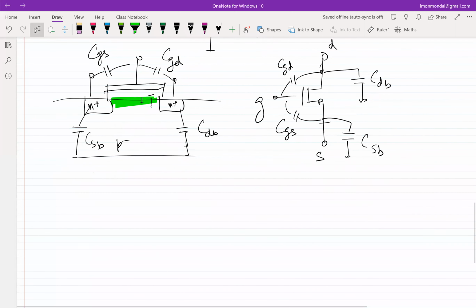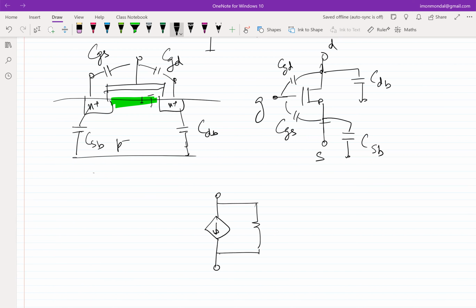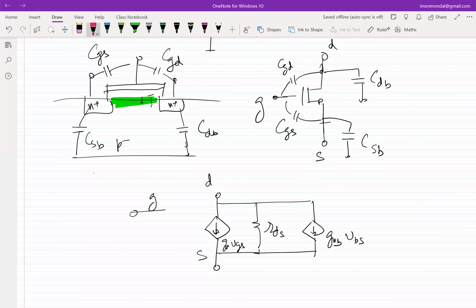So your incremental model of a transistor now becomes this in case of an NMOS. Similarly, we'll have it in case of a PMOS also. So this is the body. And on top of that, now the stuff that we have added.